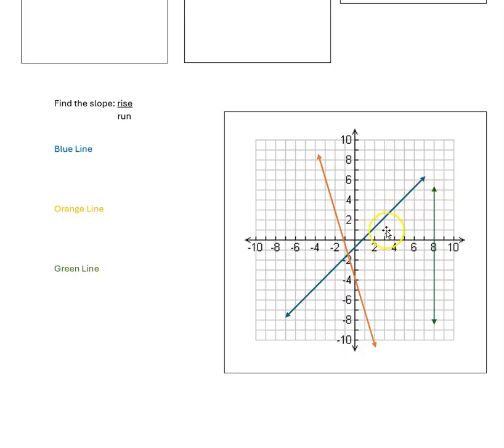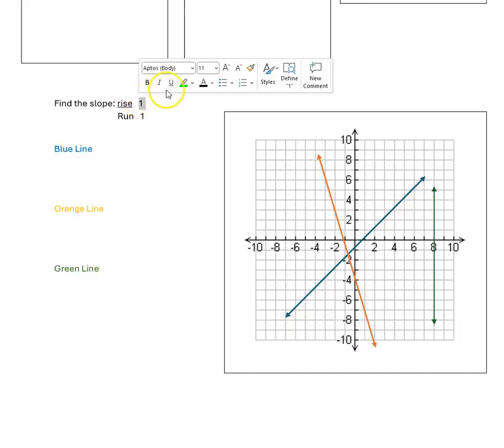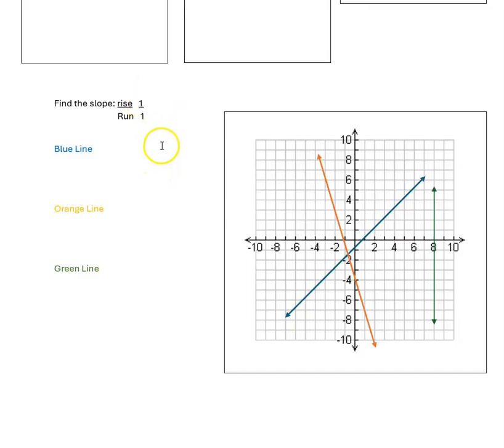Anywhere along this. I'm just going to go straight to the next one. So I go over 1, 1. So my slope is 1 over 1. And I really don't have to do a whole lot of math for that because the slope is 1.